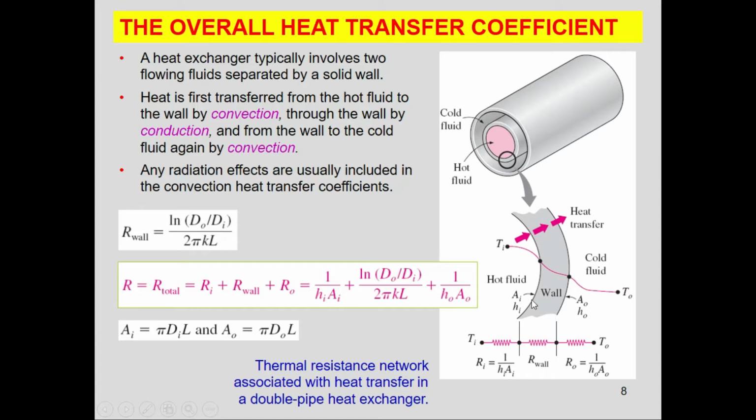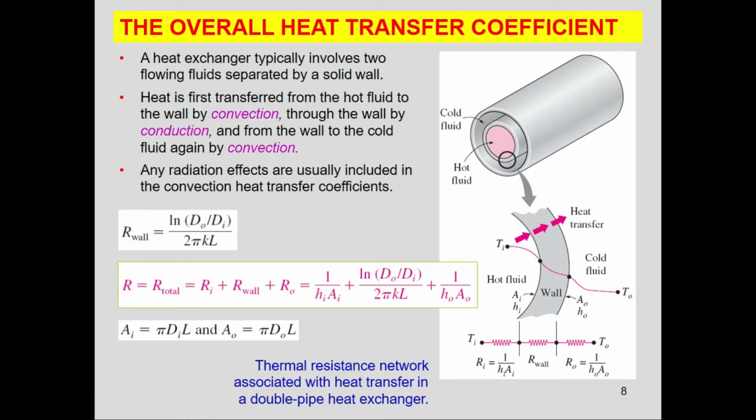For example, this is the extended diagram in which you can have a look at this temperature Ti, which is the higher temperature at the inside of the inner tube. First of all, the heat will be transferred from this point to this point, from the hot fluid towards the wall of the inner tube.